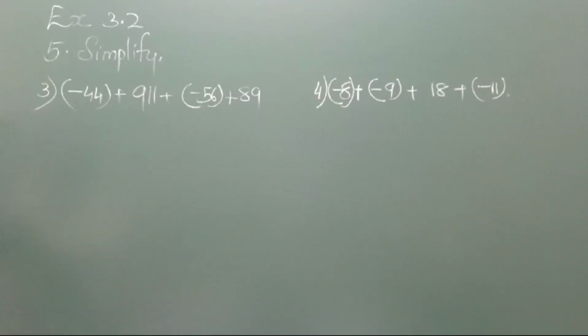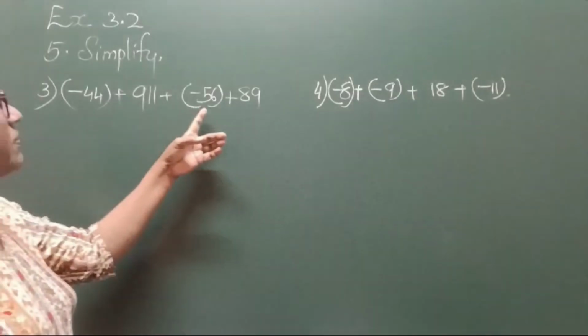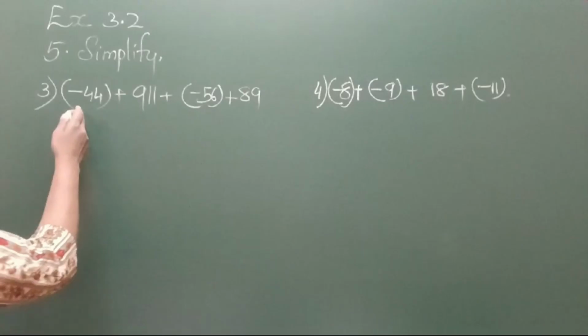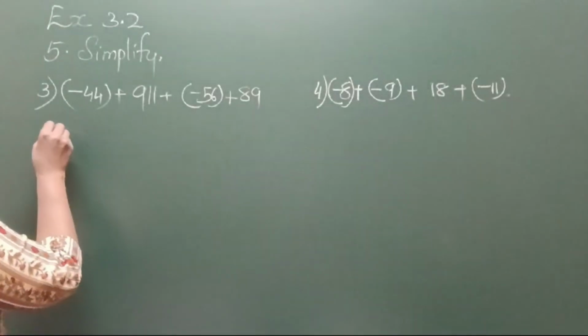Our next question is minus 44 plus 911 plus minus 56 plus 89. Let's add these two negatives together first.